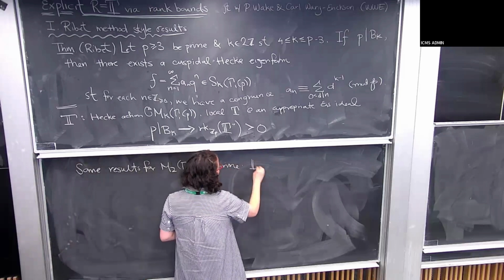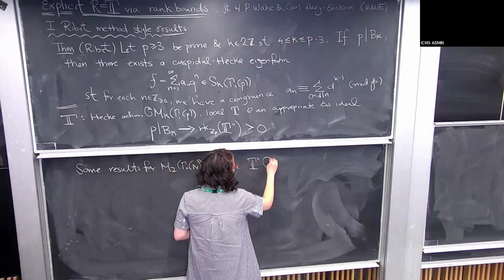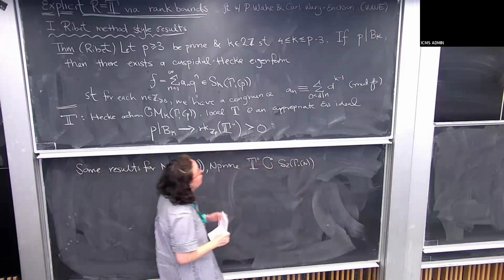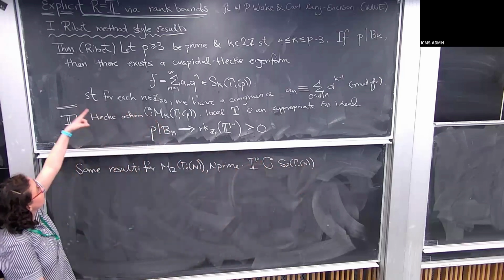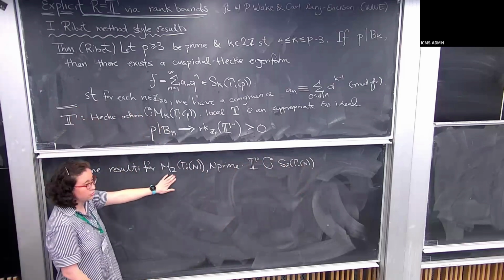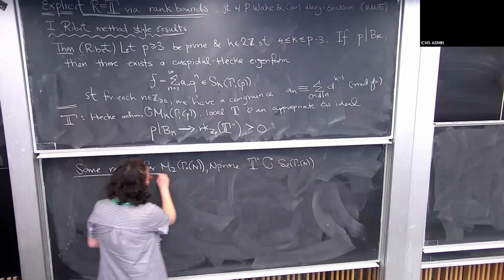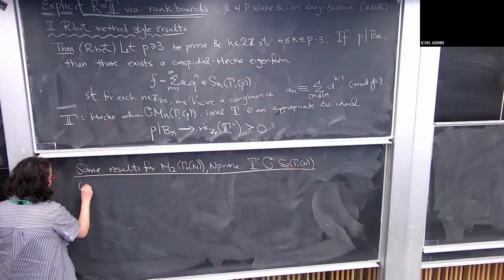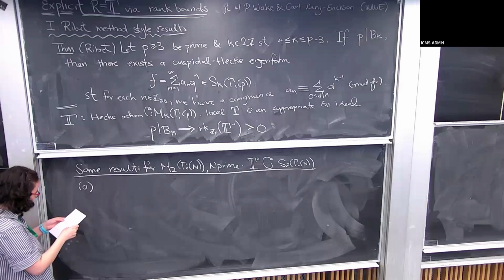In particular, our cuspidal Hecke algebra is acting on this space of modular forms. You'll notice that the statement as I wrote it here doesn't say anything about weight 2 modular forms. So to start, we want an analog of this type of statement for weight 2. And sure enough, we have one.